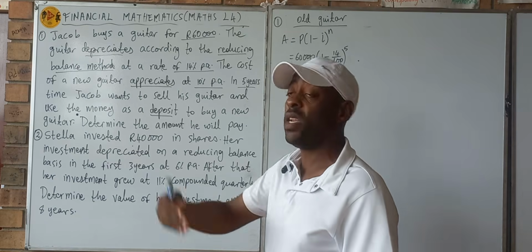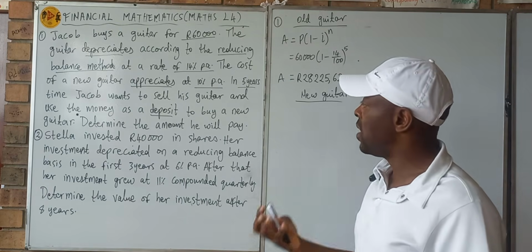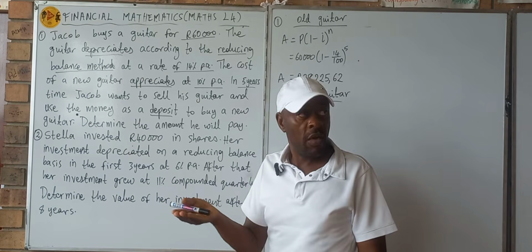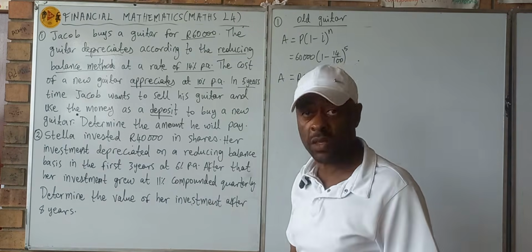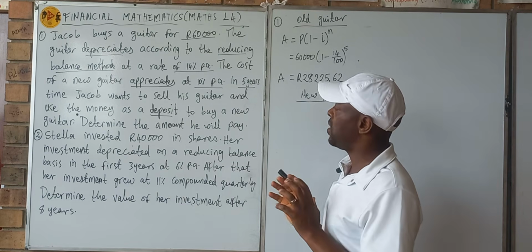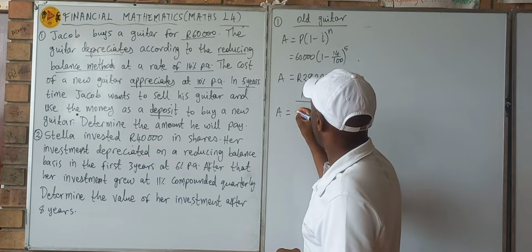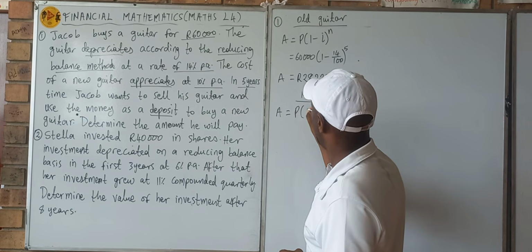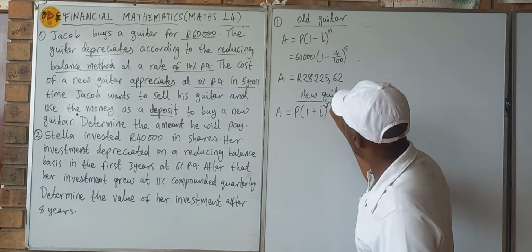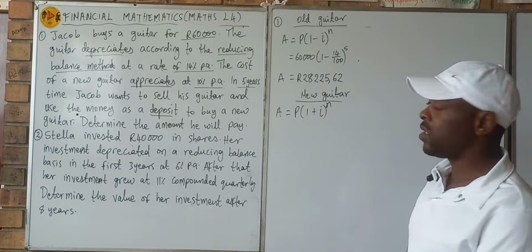It has appreciated. What makes asset prices go up is inflation. So generally in financial maths, when you read the question and you pick up that inflation is playing a role, then the formula for inflation corresponds to the formula for compound interest, where in this case we're compounding annually. So that is the appreciation method we use.